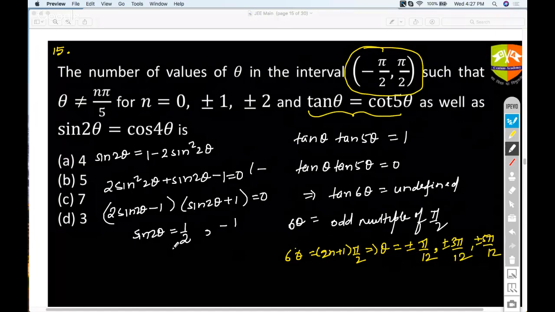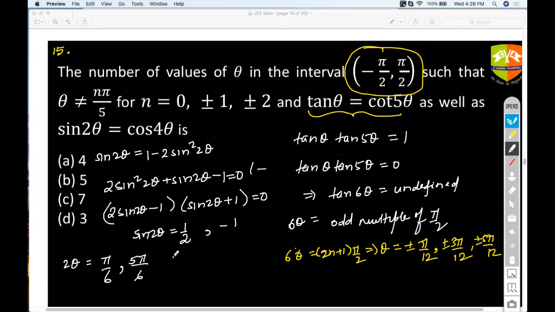Right? Now sine 2 theta is half means 2 theta can be pi by 6. It can be 5 pi by 6.